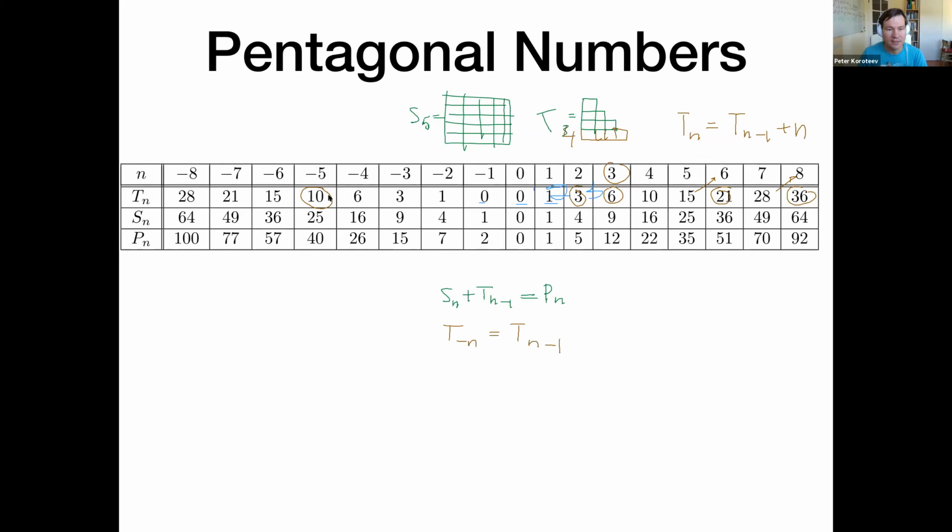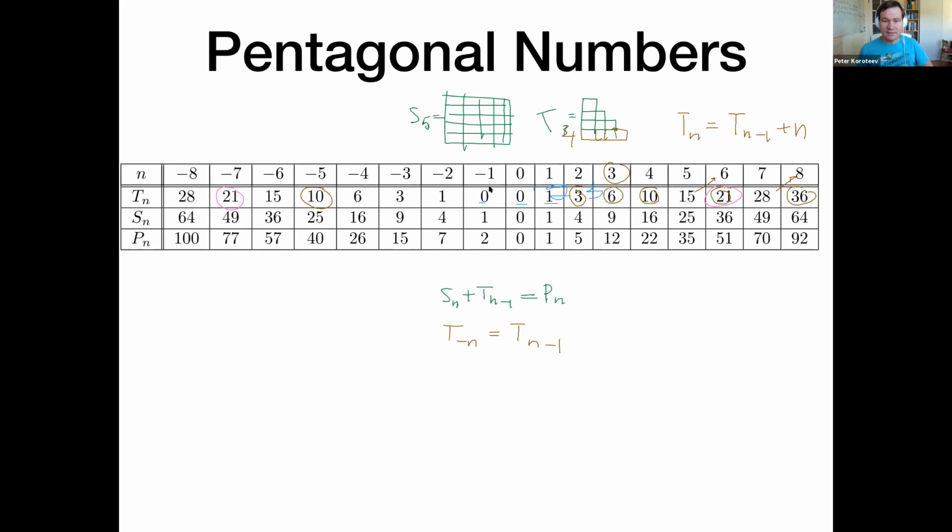So T negative 5 is equal to T4. Yeah, precisely. Good. So T negative 7 is equal to T6, right? So there's almost a mirror symmetry, but it's slightly asymmetric. There's a shift by 1 because there's a 0.